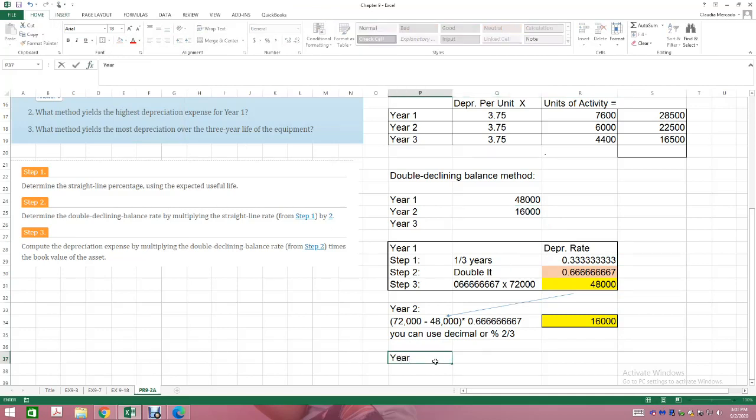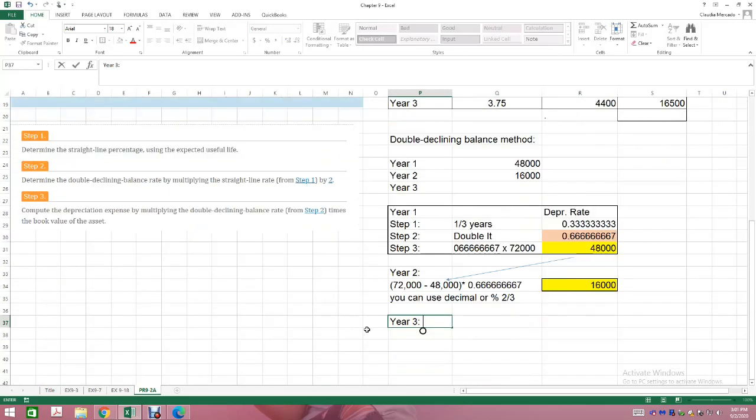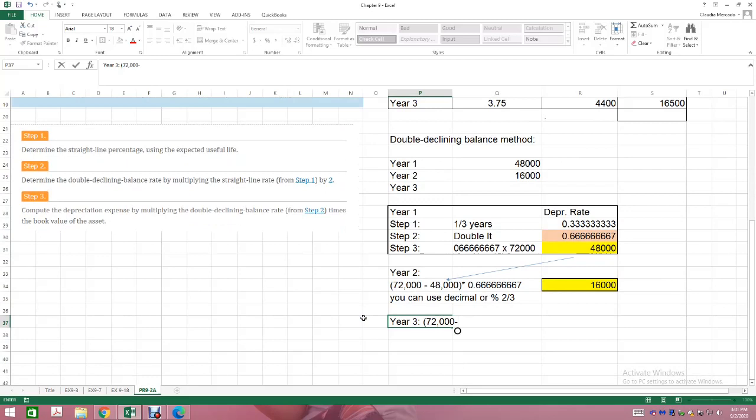Now, the last year is usually a little bit tricky, because we need to depreciate all the way up to the salvage value. In this problem, we had a salvage or residual value of $4,500. So I know that our cost was 72,000.